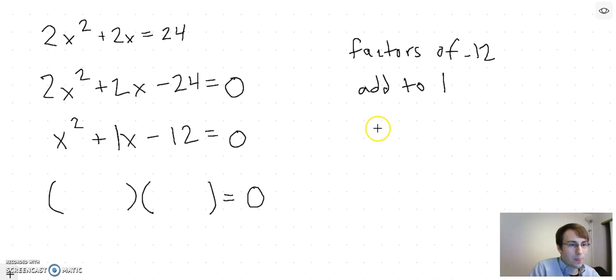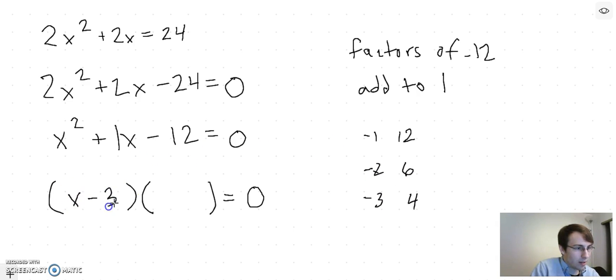So let's try it. We can have negative 1 and 12. Well, no, that's not going to work. How about negative 2 and 6? Getting closer. Negative 3 and 4. Bingo, there we are. So let's put in x minus 3 and x plus 4.